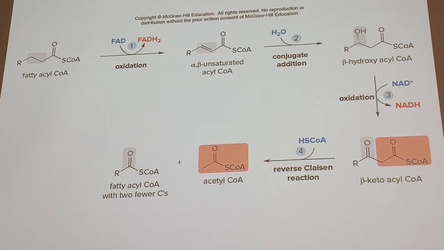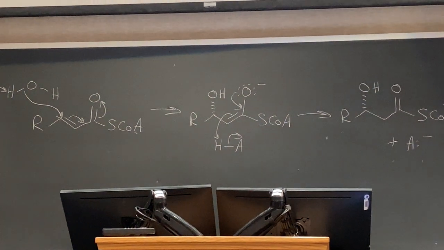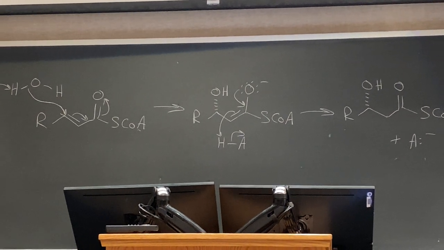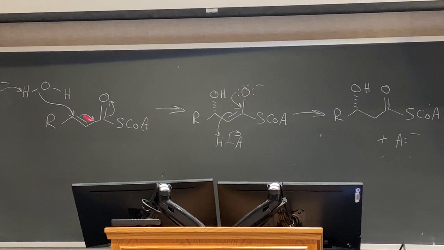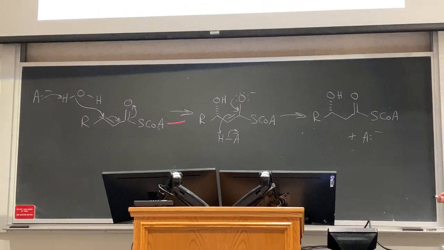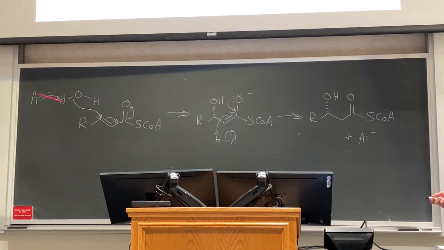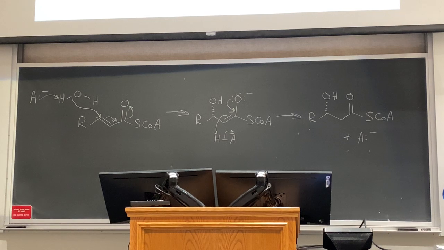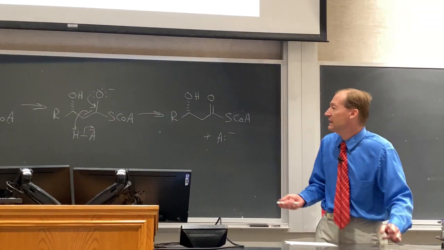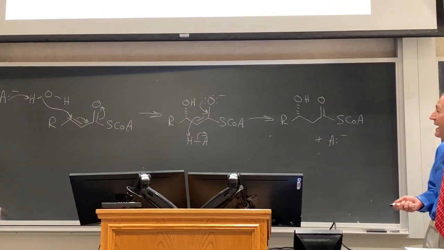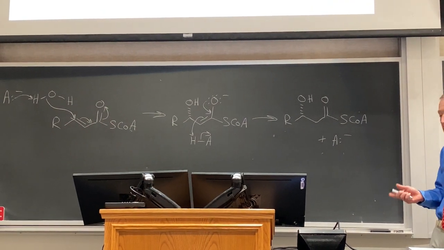I've drawn the mechanism of that conjugate addition on the board here. Water is a weak nucleophile, which means we would need to deprotonate it before it can attack the beta carbon of our alpha beta unsaturated thioester. But because the active site of the enzyme has all of our reagents in very, very close proximity to each other, that deprotonation occurs simultaneous with the attack of the water on that beta carbon.